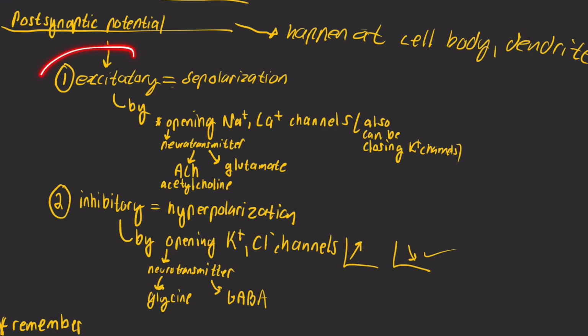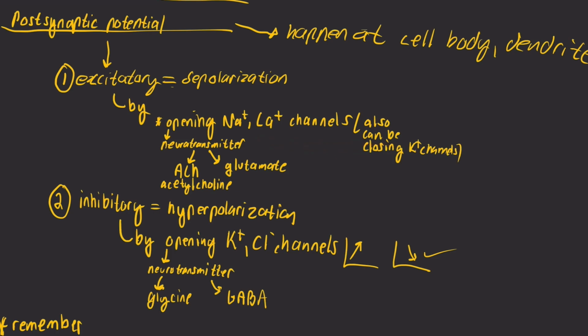So, excitatory. When it is excitatory, this means that the postsynaptic neuron membrane will be going through depolarization. That means that when the neurotransmitters are sent across the synaptic cleft, it will result in the opening of specific channels, sodium or calcium channels.